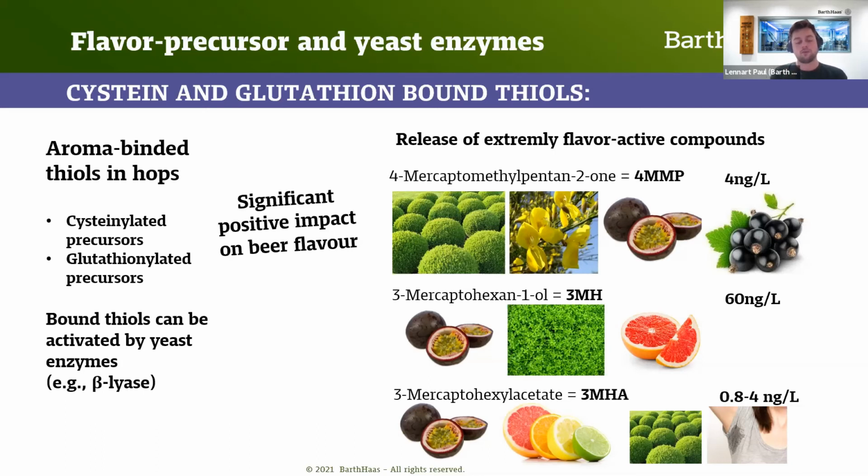It's not only beta-lyase and beta-glucosidase that are responsible for these pathways for the huge part, because, as I showed you before, there are many different ways of biotransformation going on in the yeast cell. But of course, beta-lyase and beta-glucosidase are promising candidates for high activity in changing the flavor.